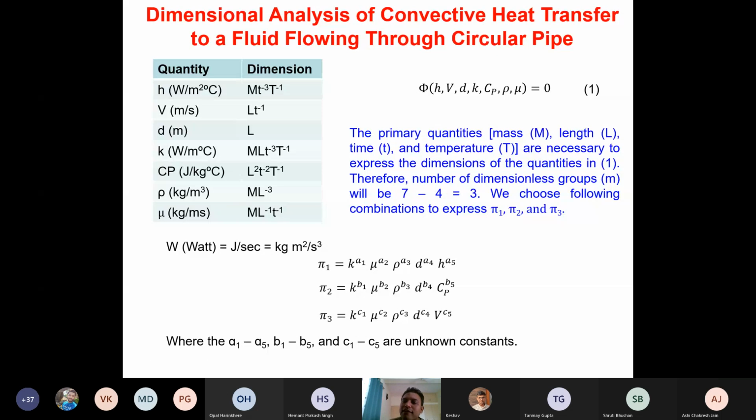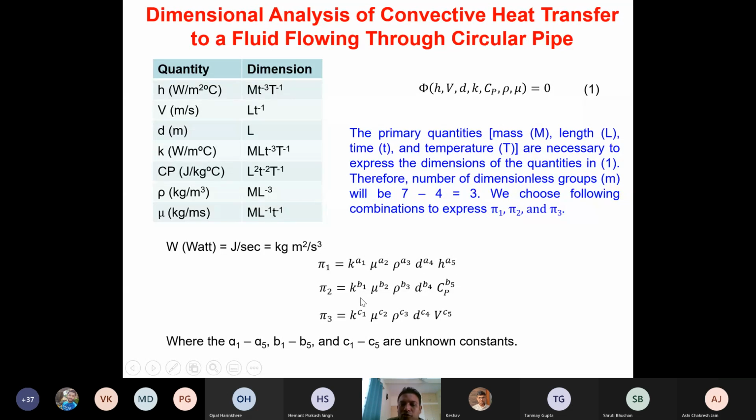Let us assume that these 3 dimensionless groups are pi 1, pi 2 and pi 3. They are related something like this. Pi 1 is related to k, mu, rho, d, h, with exponents a1, a2, a3, a4, a5.